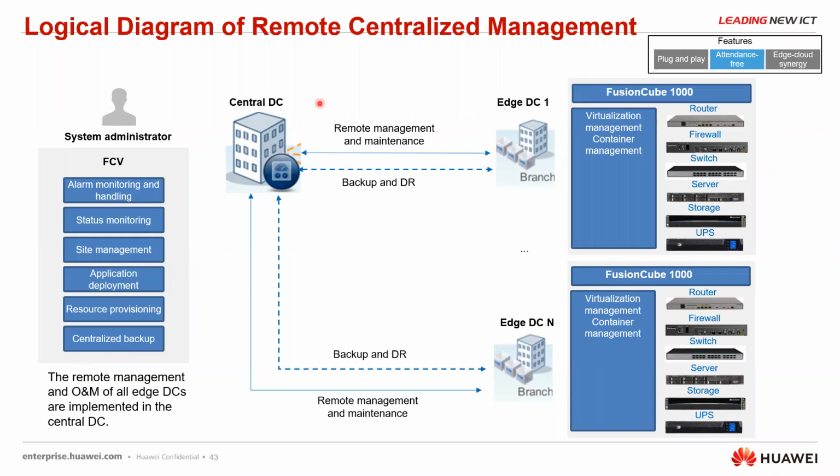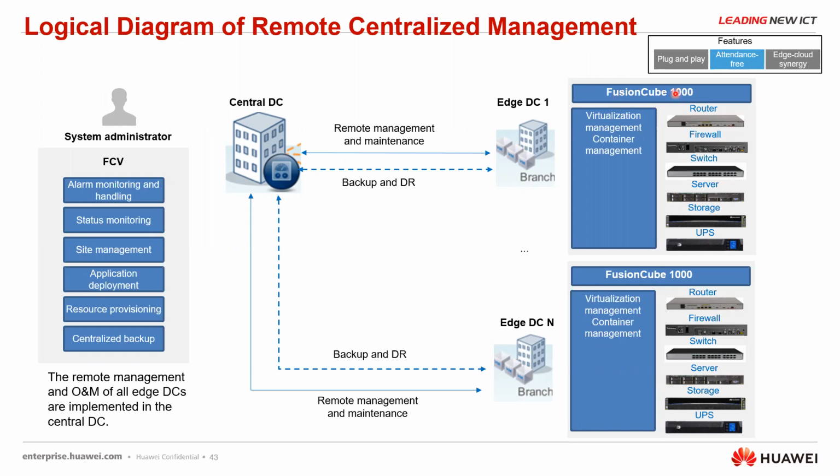In this scenario, you have n number of sites, the edge DC1, DC2, DC3, up to DCN, all these branches communicating to the central DC, where the FCP is deployed, and this FCP will capture all your status and do the management for all these components: the UPS, the storage, the server, the switch, firewall, router.